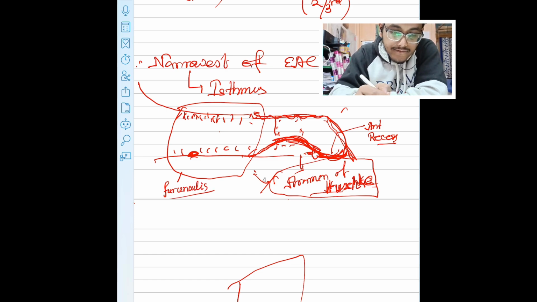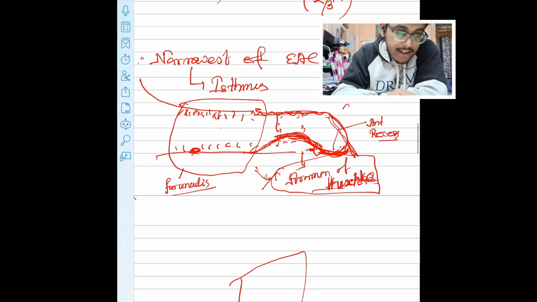Now we can see the other components. In the outer cartilaginous part there is actually a fissure, a sinus, a blind pouch with one end blind.